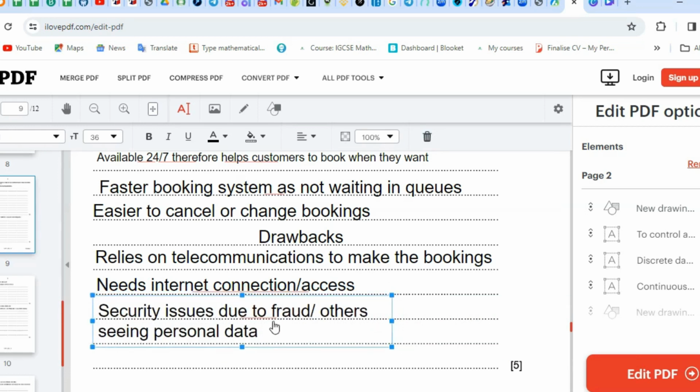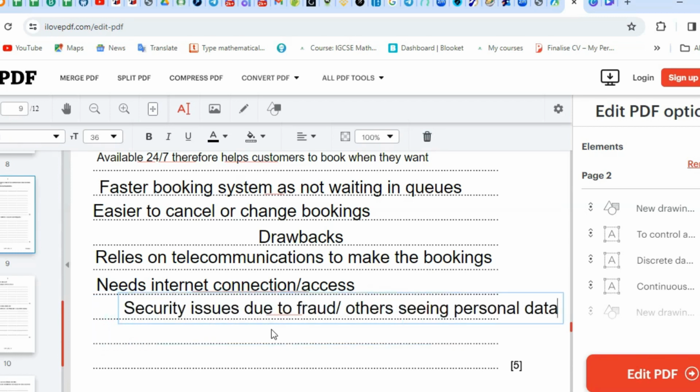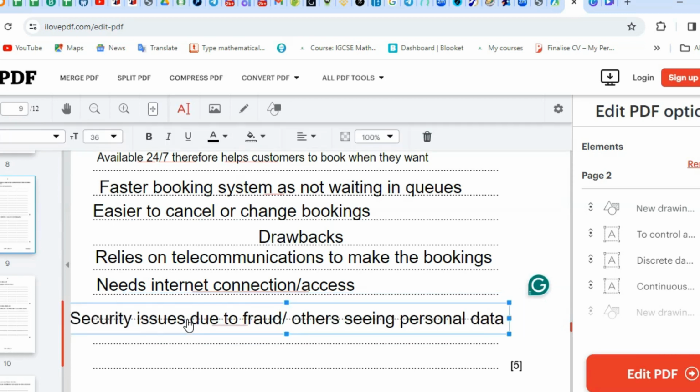Another one is wrong information may be added accidentally, and this may be difficult to correct. You want to spell your name, which is Charles, and you put it without H. Then when you get to the hotel, you realize, oh, this is how my name is spelled.